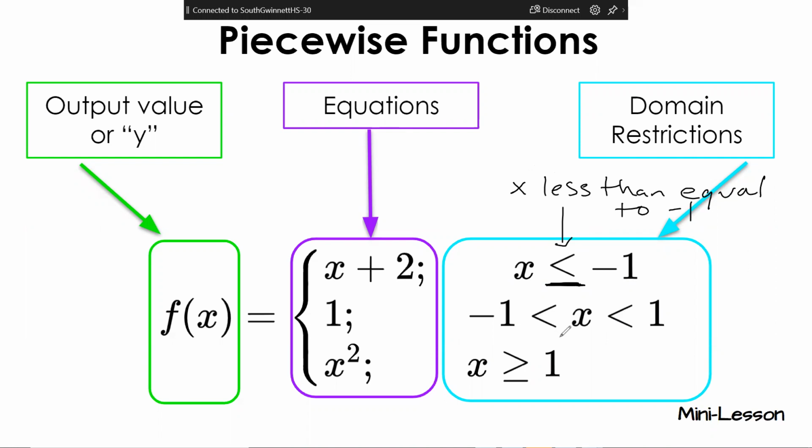If it does not have a line underneath, then this means that x is greater than -1, but less than 1, so x is in between -1 and 1. If it has a line underneath, that means that it's going to be included. If it doesn't have a line underneath, it's not going to be included. And there will be a difference on that.